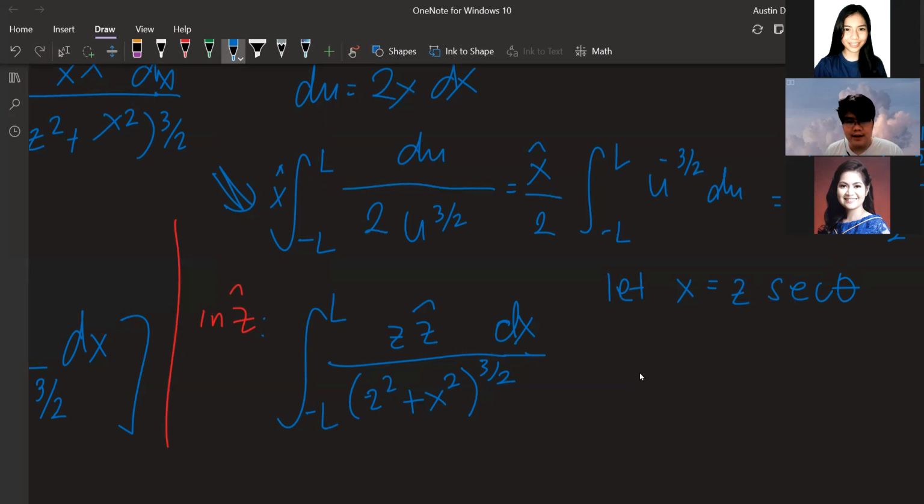And then dx will be z. Ano yung derivative ng secant theta? Naalala niyo pa ba? So, may nakaalala ba? Magtatanong ako. Secant.